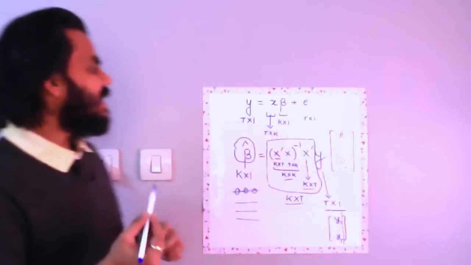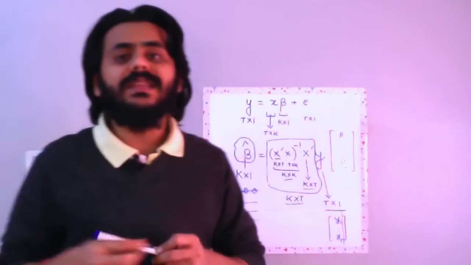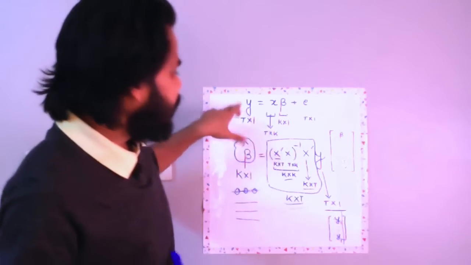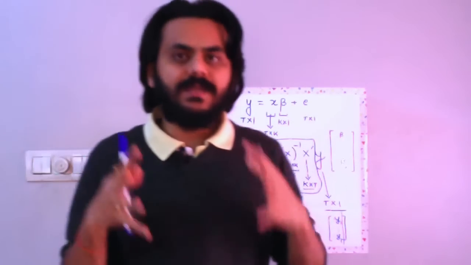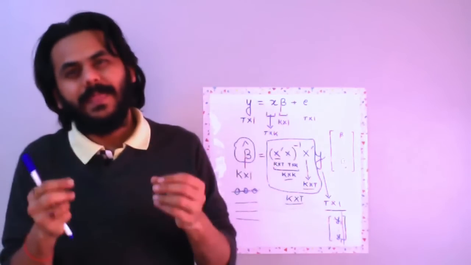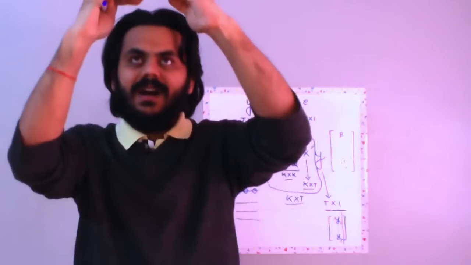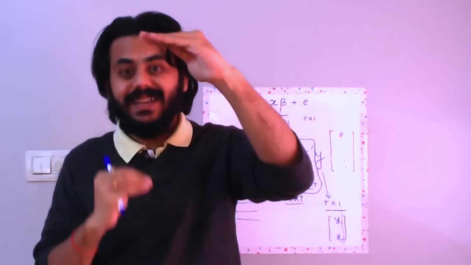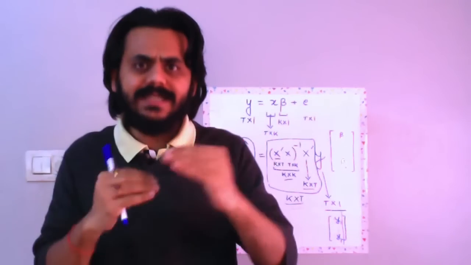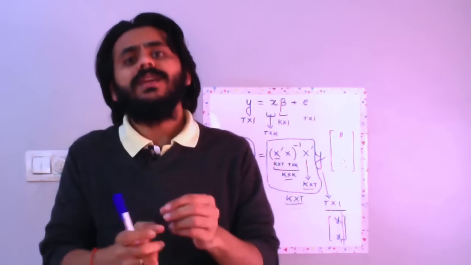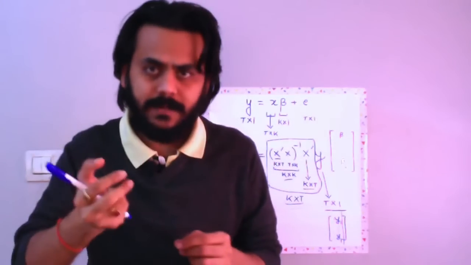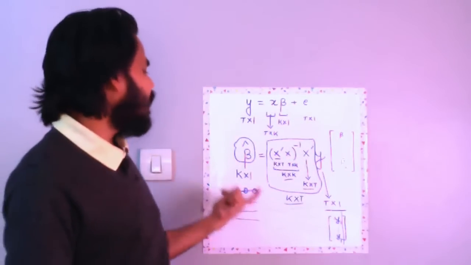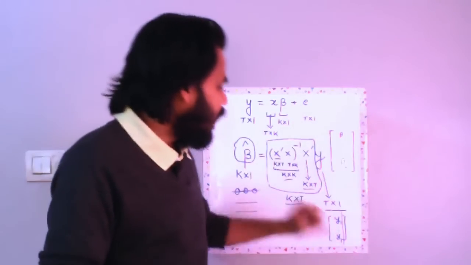So beta hat is essentially formed by a linear combination of y values. To make it clearer, beta hat is a vector containing beta 1, beta 2 and so on till beta k. These are your individual coefficients, and these individual coefficients are nothing but linear combinations of your y values.